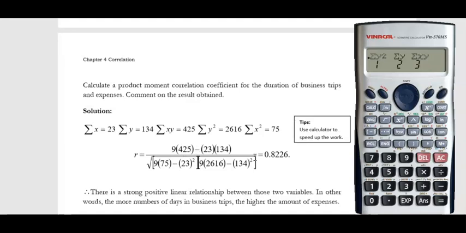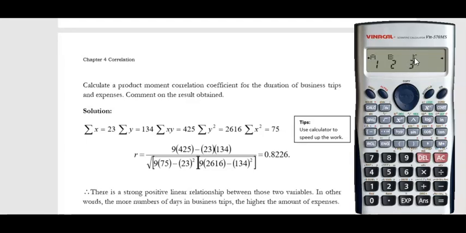Okay? Then you press again the calculator for the value of R. So how to get the value of R? You just press Shift number 2, then you go next until you get R value here in the calculator.